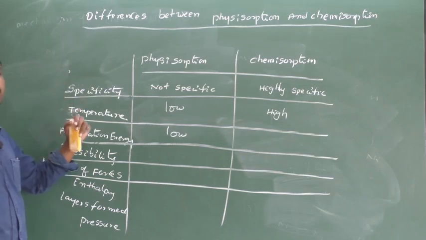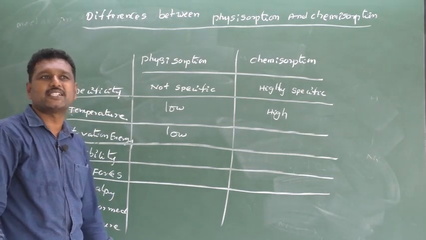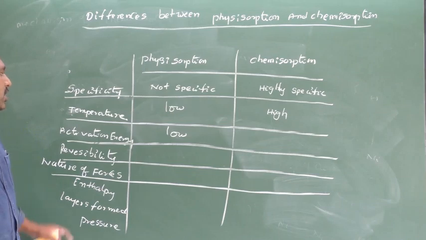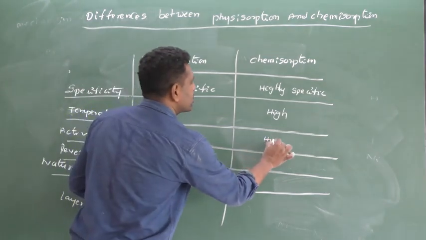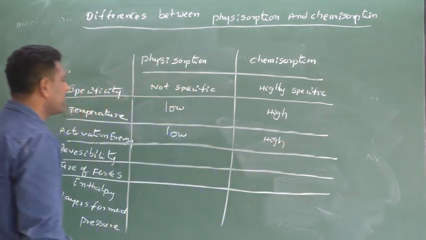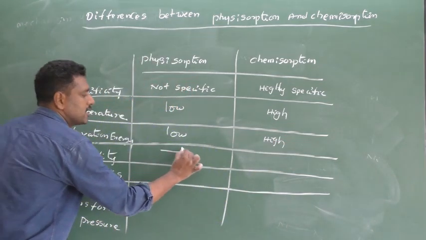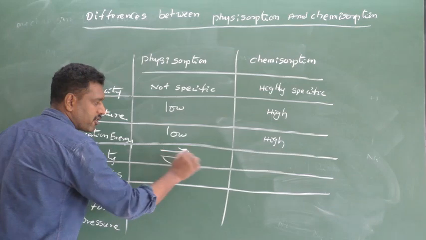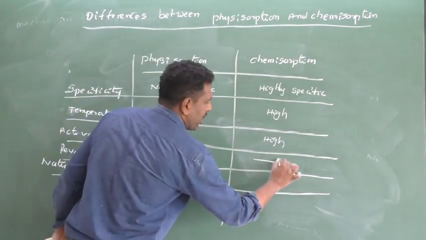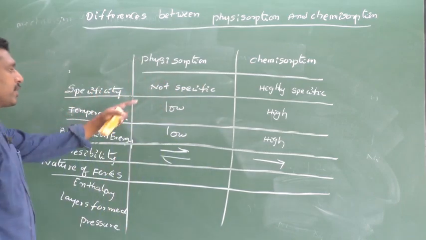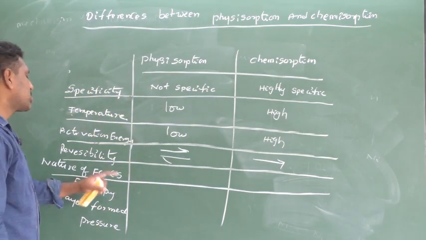The minimum energy required to form the products is called activation energy. Here, low activation energy is required. Here, high activation energy is required. Reversibility. Here it is reversible, forward and reverse reactions are both observed. Here it is an irreversible reaction.